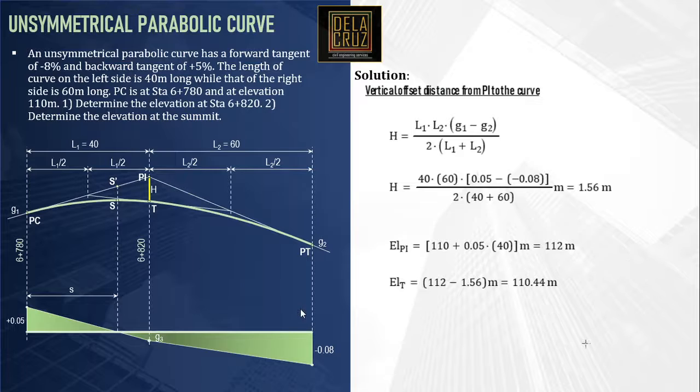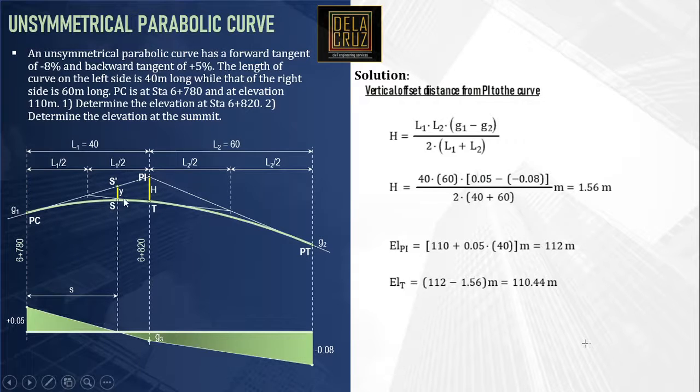Okay, how about the elevation of the summit? As you can see, I call this one point S, and S prime is the station on the grade, on the tangent line. This is the elevation of S on the curve. To calculate this, I just need the value of Y. Of course, we also need the value of S, which can always be calculated using the grade diagram.